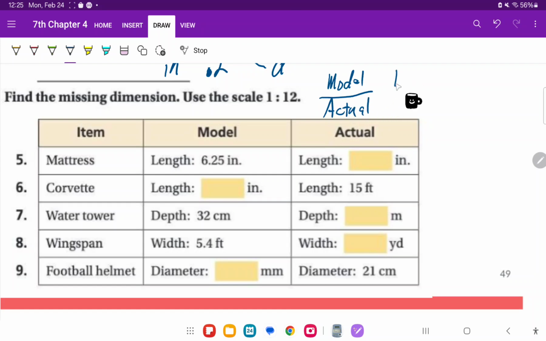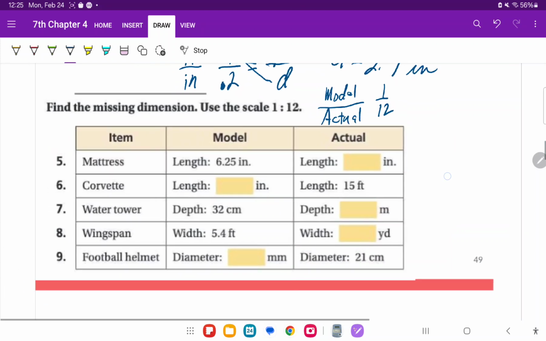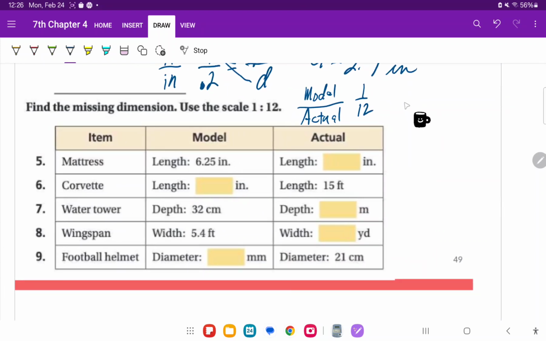So that's 1 over 12. For each one of these, that's the way we're going to set it up.